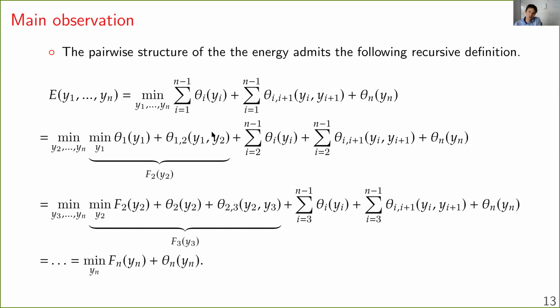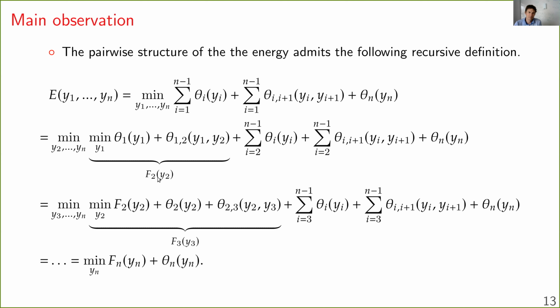And it turns out you can compute this function f2 just by trying out all different pairs of labels. And then you do again, you define the function f3 of y3, where you now have this f2 from the previous line, and you have the second unaries and the second pairwise term. And you do so until you reach the end of your chain, then you end up with minimizing just the function fn of yn plus theta n of yn.